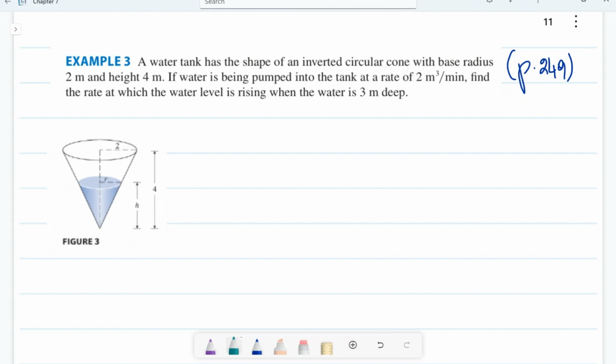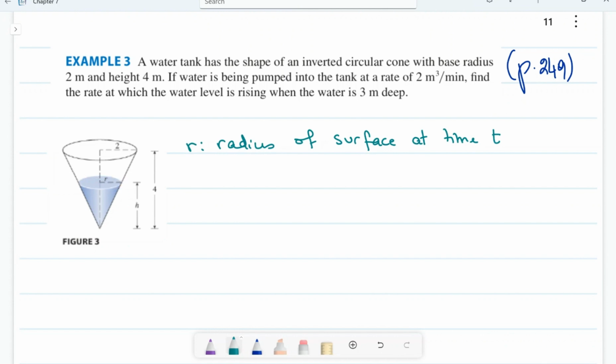So we might want to define a few variables, or you can just define them on the figure, but if you want, we can write that r is the radius of the surface at time t. So again, r is the radius of the surface of the water.